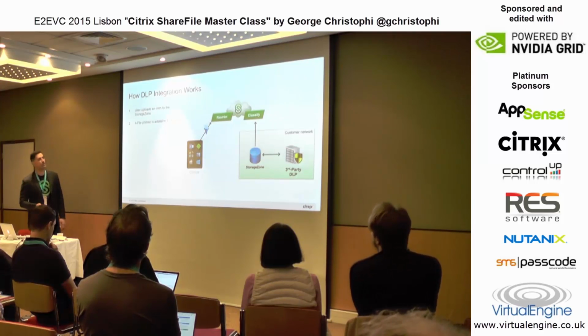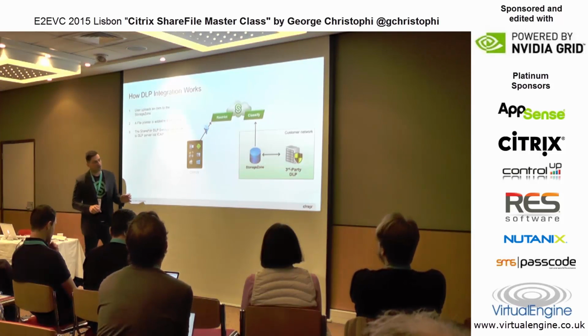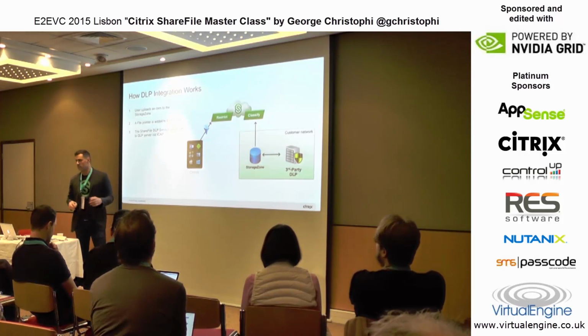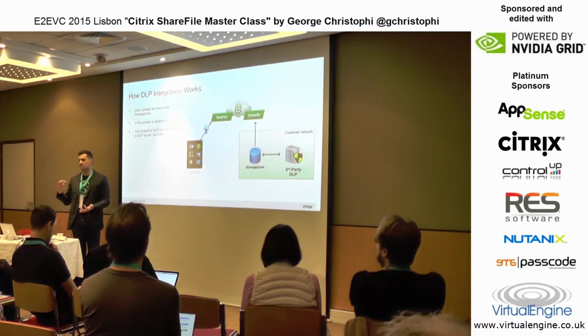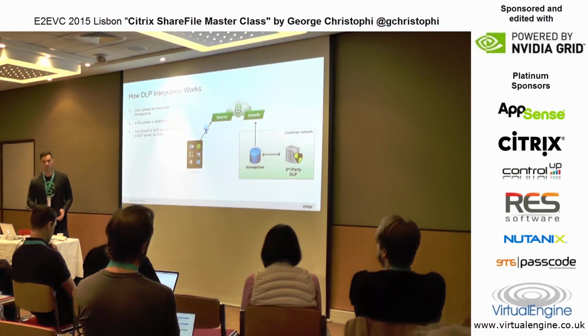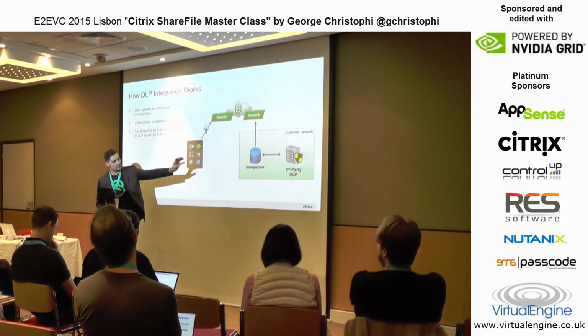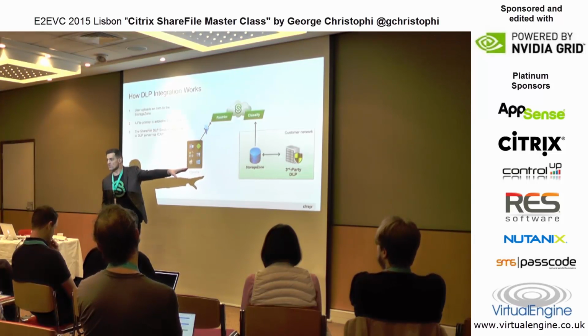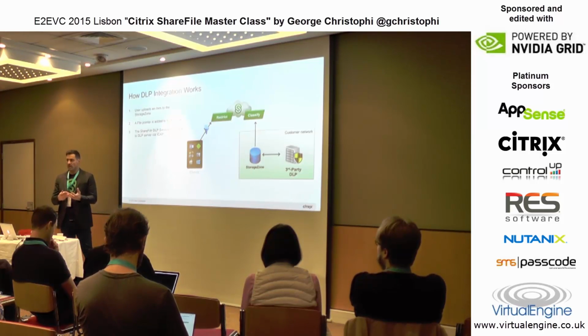DLP, just going to run through it quickly. What happens is, if you integrate DLP, we use the ICAP protocol. So if you've got a DLP which supports ICAP, it works. You find Symantec, WebSense, McAfee, quite a lot of them. Most, you can't say all, most. So what happens, the user uploads a file, it goes into the storage zone, which sends a copy out to the DLP, it gets scanned, and the scan is okay or rejected.